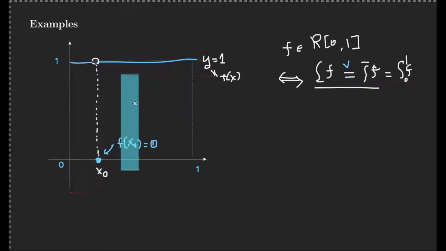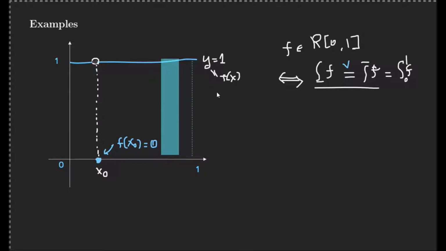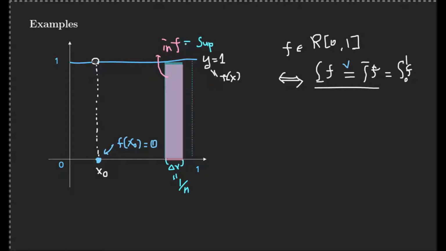For convenience, if the interval is uniform, in this case n over n, the lower sum and upper sum are the same, because the length is uniform, and the height, in the case of infimum and supremum, the length is the same, because this is a constant function.